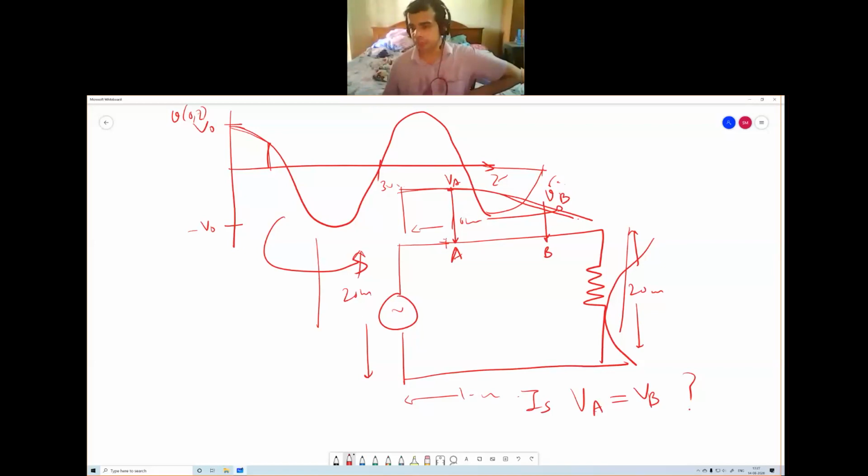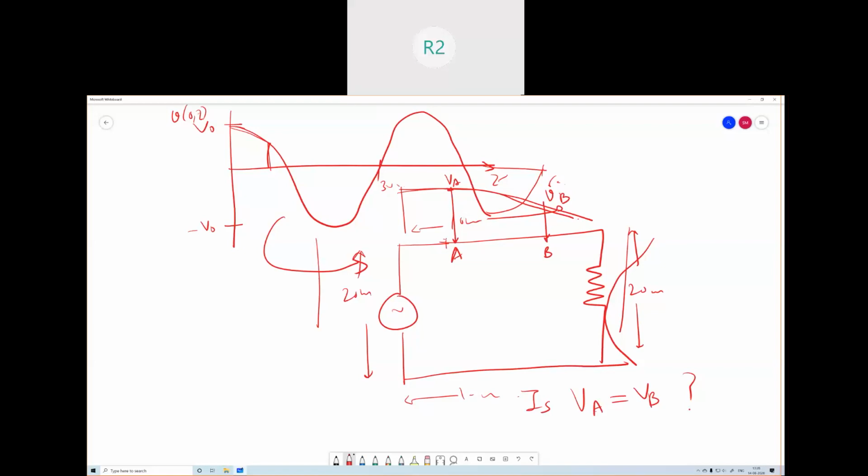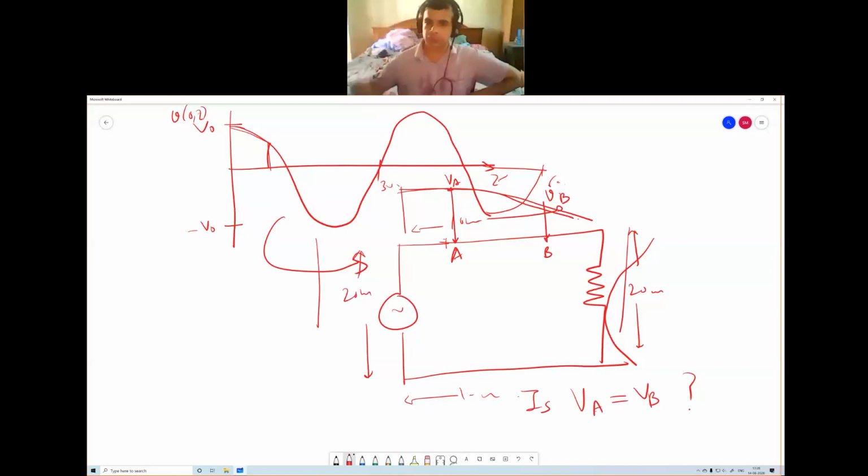As per KVL, VA must be equal to VB. That's what we have learned, right? So isn't KVL violated in this circuit? So we cannot directly apply KVL in this circuit because the voltage here and the voltage here are not the same.